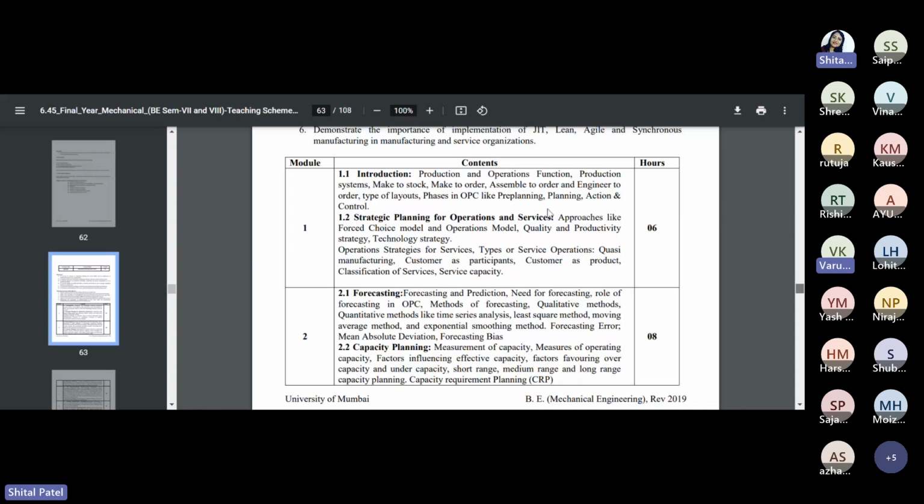The next one is define and classify the production systems. Right. Now, in terms of short notes, they may ask for make to stock and make to order. What is the difference between make to stock and make to order? Or otherwise, in terms of a short note, explain make to stock or make to order.